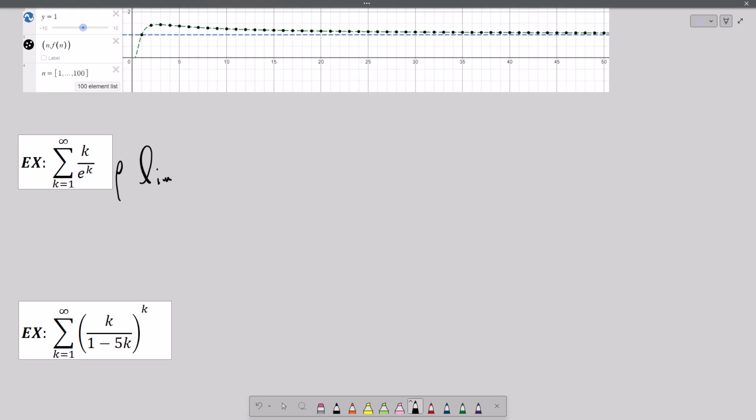We'll call it rho. That's what they use. The kth root of k divided by e to the k. There is our root setup. If we distribute that kth root, we have the kth root of k in the numerator, and in the denominator, we just have e.